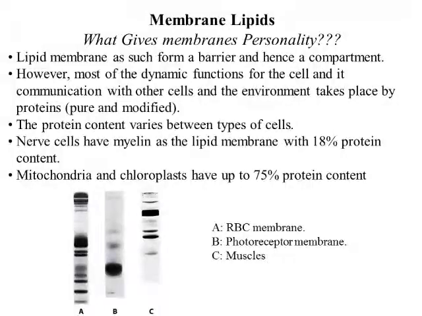So you can have, from very low protein content, 18%, all the way to 75%. I would imagine that the brain, the neurons, have less protein content. Mitochondria is extremely rich in protein because there's a lot of stuff happening, producing energy. Chloroplast, same thing. Even within the cell itself, the endoplasmic reticulum and the mitochondria all have their own protein profile.